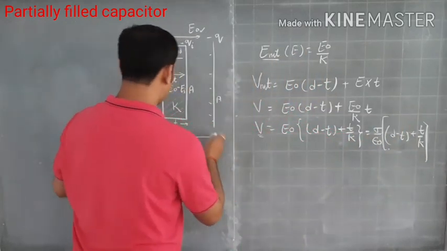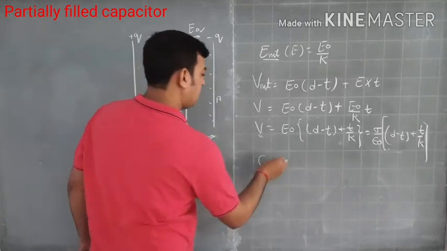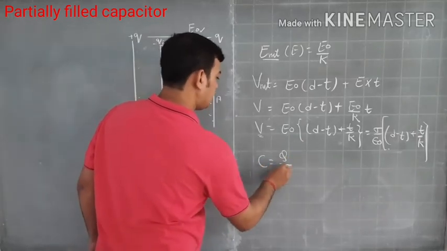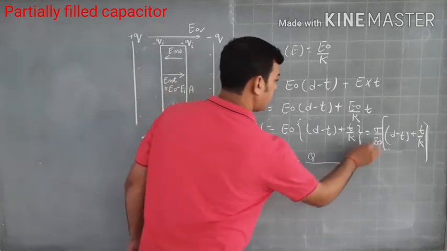So once the potential difference is known, we can find out the capacitance by the definition that it is the charge divided by the potential difference. So this is the charge and the potential difference.